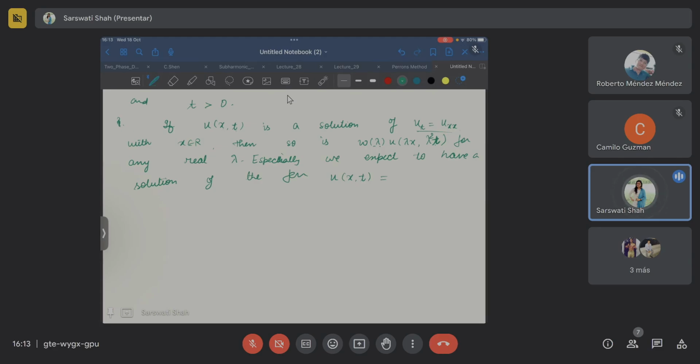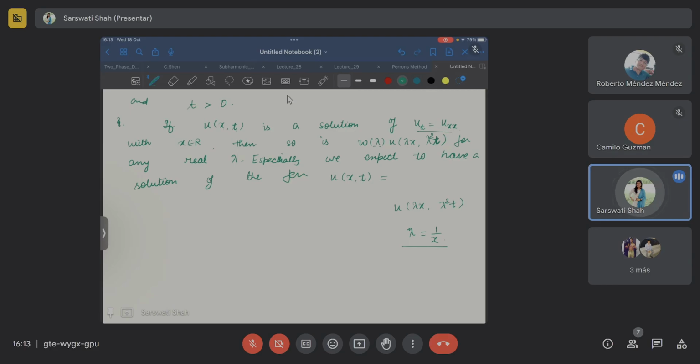Suppose I replace this lambda with 1 over t. No, so u of lambda x comma lambda square t. If I replace this lambda with 1 over x, what will happen?